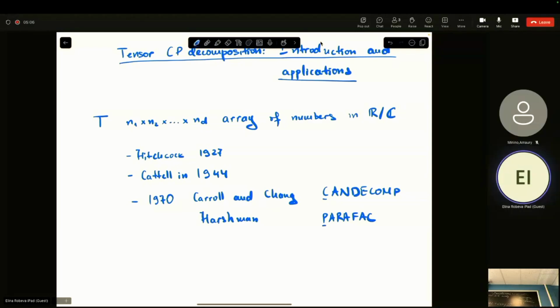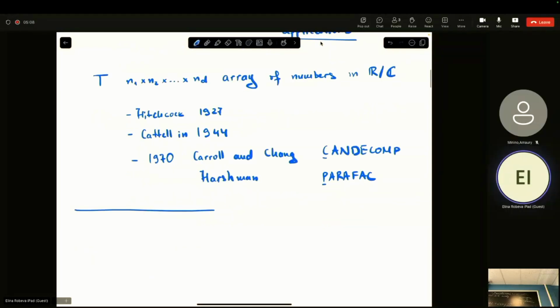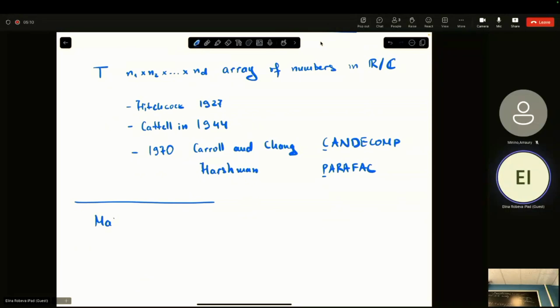And so let me just recall matrix rank. So what is that? We have a matrix M, and let's say that M has rank R. So let's say M is N1 by N2.